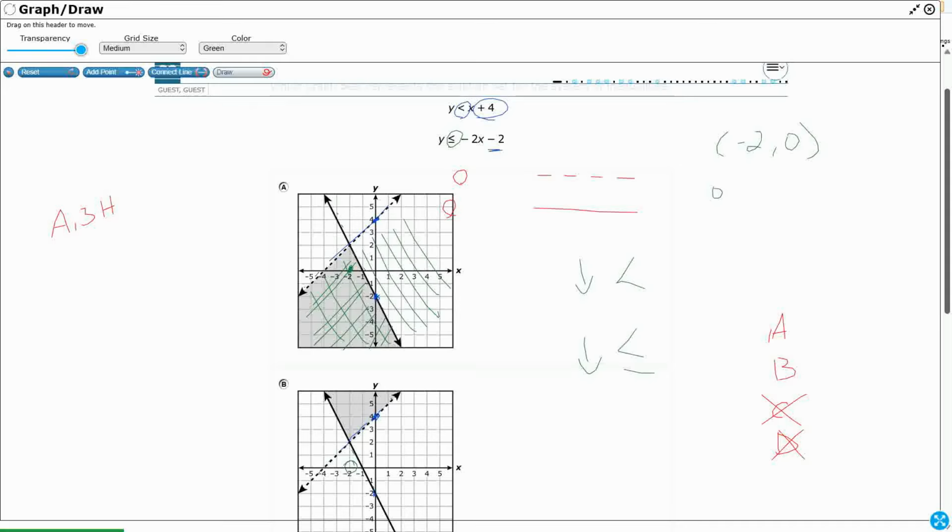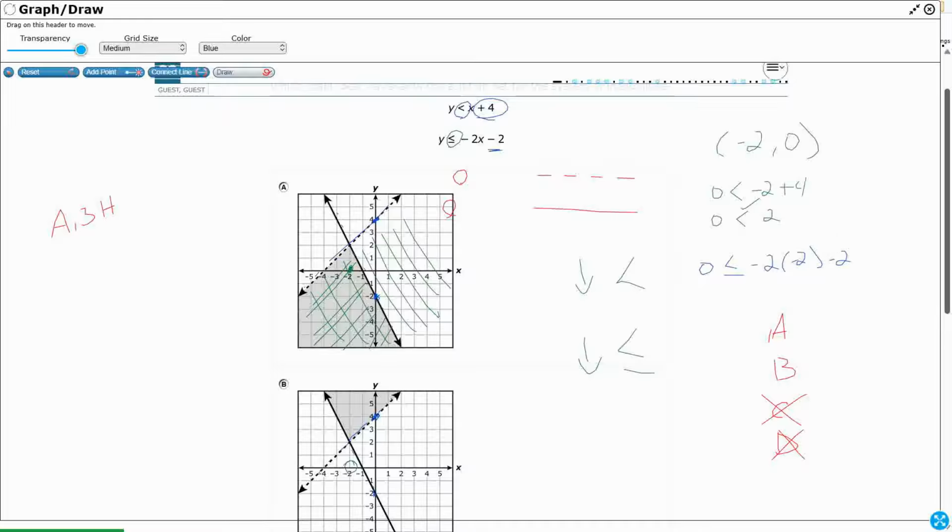So y is 0, is less than -2 plus 4. So 0 is less than 2. Check. Let's do the next one. And we're going to do 0 less than or equal to -2 times -2 minus 2.